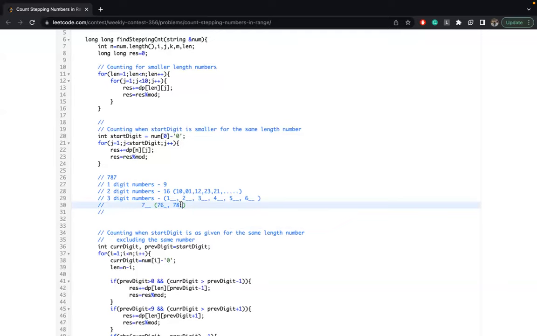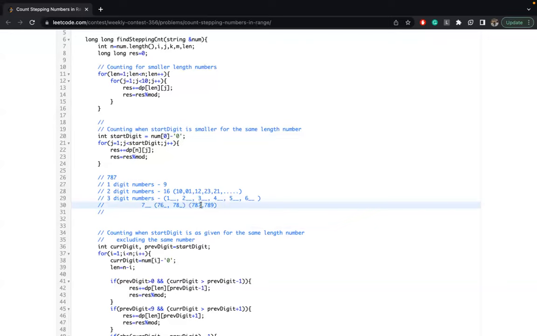So after 8 I'll find out like 7 8, the two possibilities are there, 7 8 7 or 7 8 9, right? But again 7 8 7 is matching, so I'll just go further.